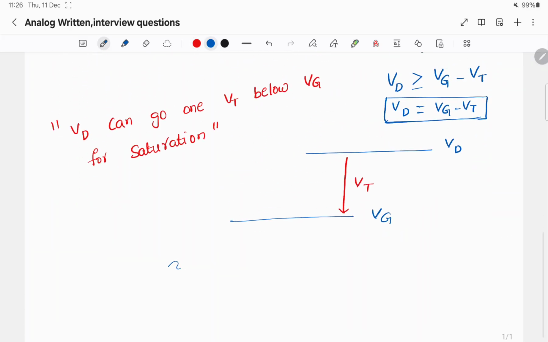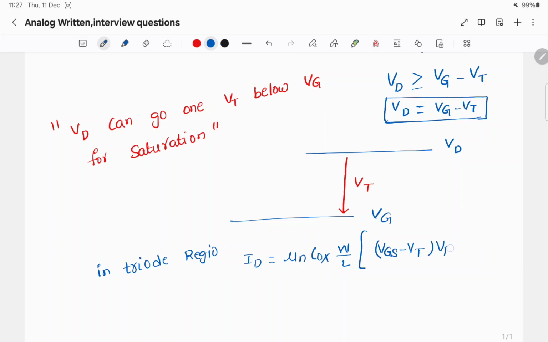And for triode region, ID will be mu n Cox W by L into (VGS minus VT) into (VDS minus VDS square by 2), and the conditions are again VGS has to be greater than or equal to VT and VDS is less than VGS minus VT.